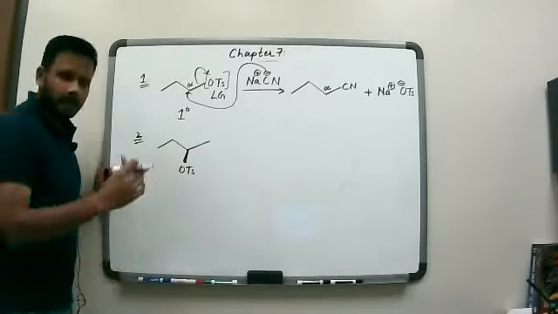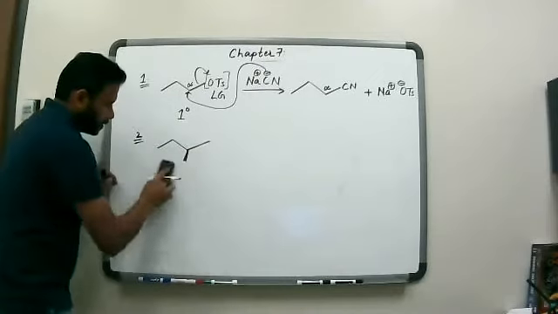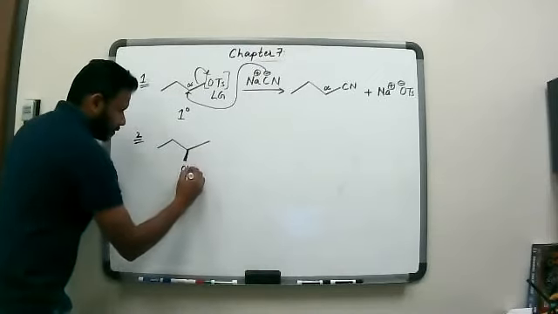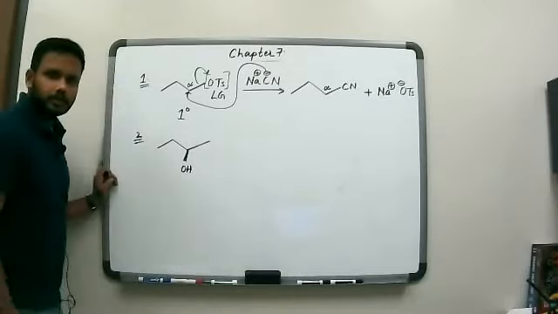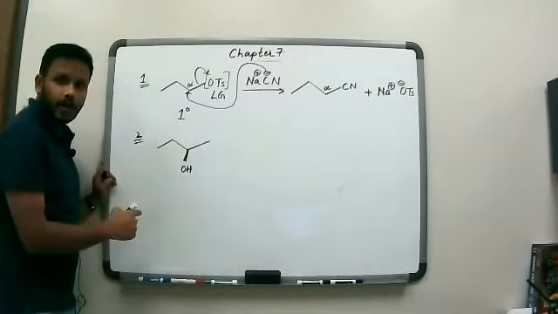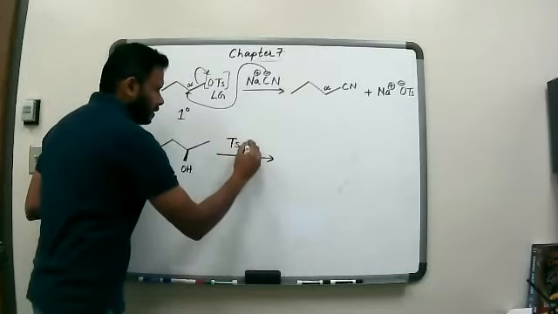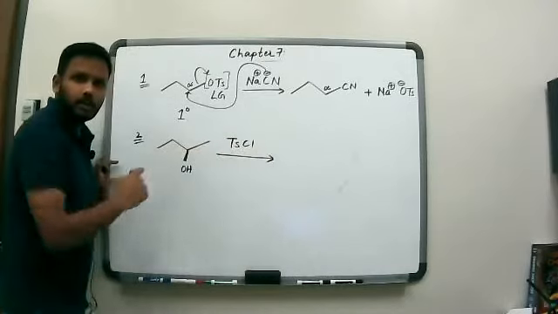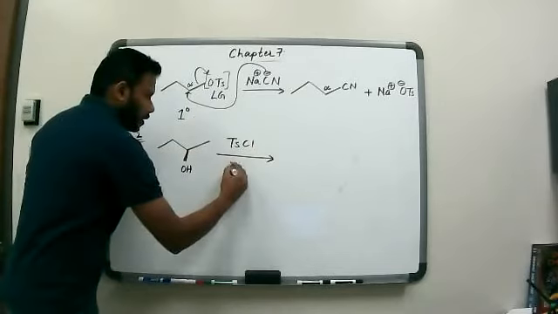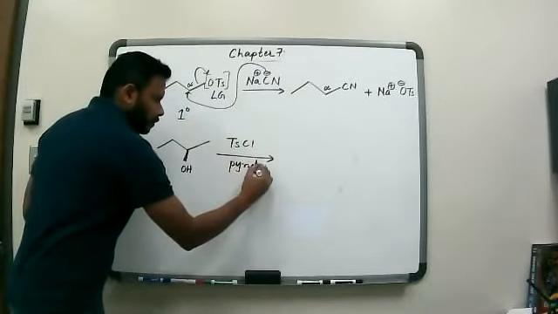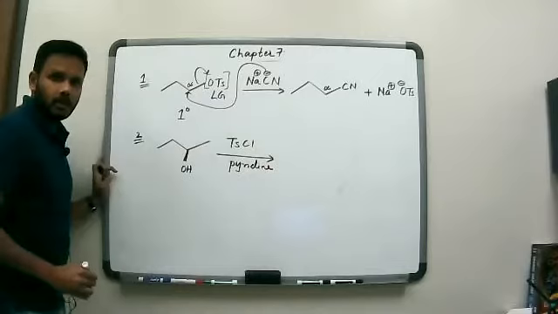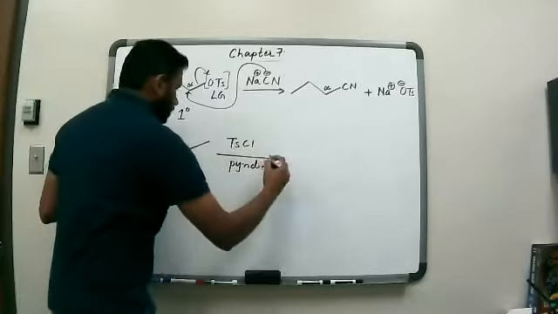Now, one thing I want to point out here is, let's say we start with an alcohol like this, a chiral alcohol, and you react it with TsCl, the para-toluenesulfonyl chloride, in the presence of pyridine, you will make the tosyl ester.